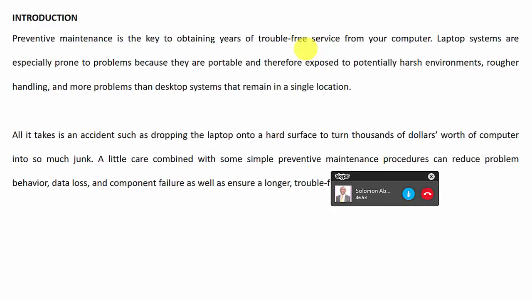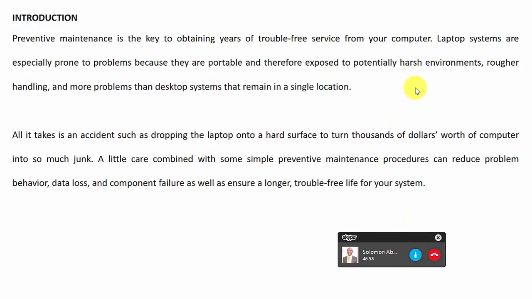And that is the reason why we are involved in this maintenance. Because most of the time we accidentally drop the laptops on hard surfaces. Sometimes that causes some little problems. So, in order to maintain them as we are going along with them, and not to lose our data, not to cause hardware failure, we have to always apply preventive maintenance.